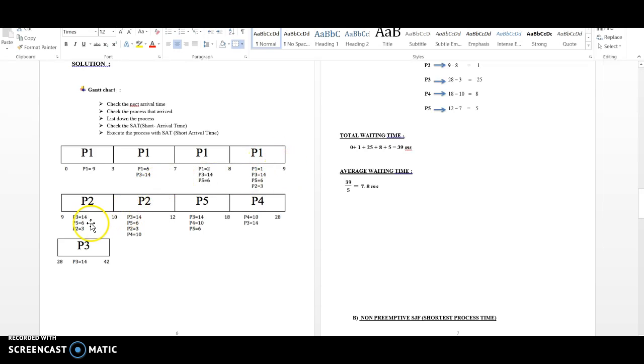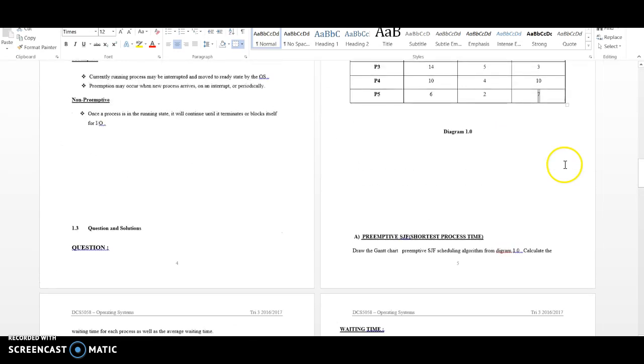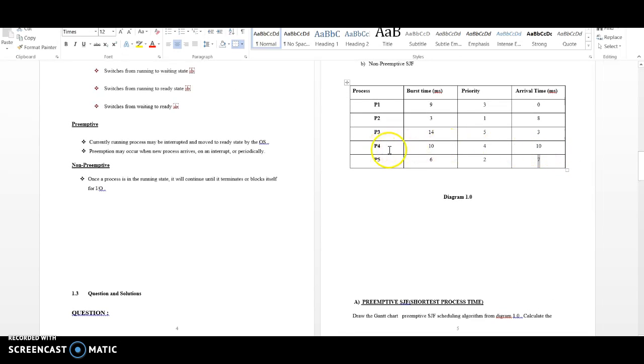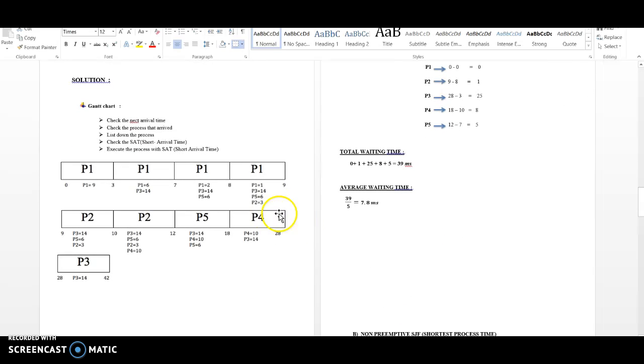So the next step is 10. Alright, the next step is 10. So P3 is 14, P5 is 6, P2 is 3. We look here, 10, P4 equals 10, the burst time. So we list it up here. Why P2?